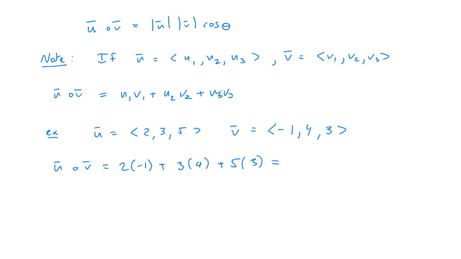So that's 25. So the dot product gives us back one number, and that makes sense from where it came from, which in this case, this might be the force, and this might be how far we move. And so this would then be the work doing that.